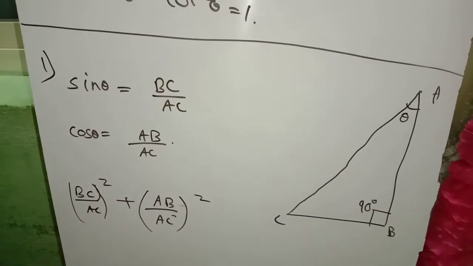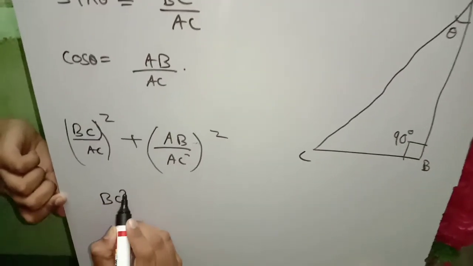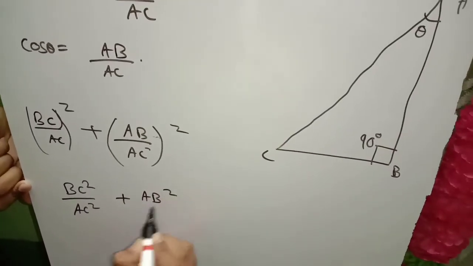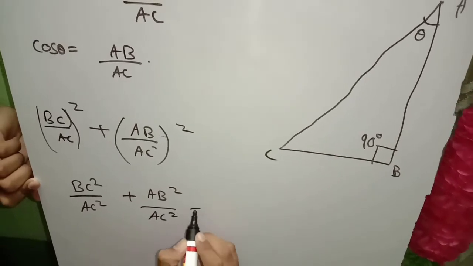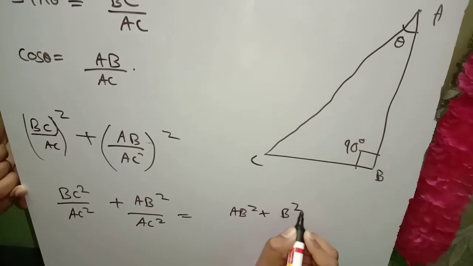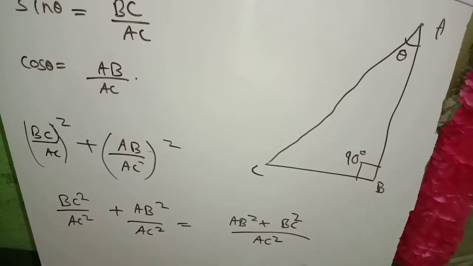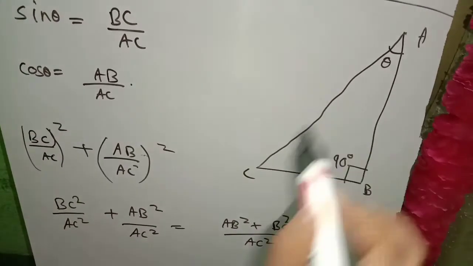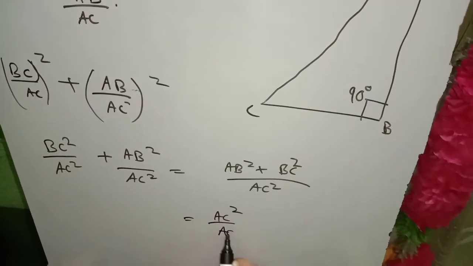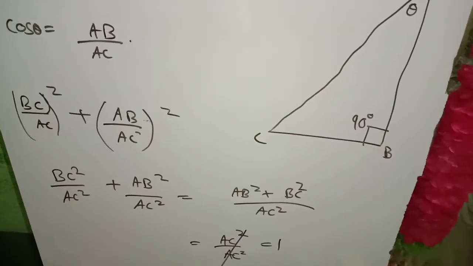Then it becomes BC square by AC square plus AB square by AC square, so AB square plus BC square whole by AC square. According to the Pythagoras theorem, AB square plus BC square is AC square. So AC square by AC square is equal to 1. So the first identity is proved.